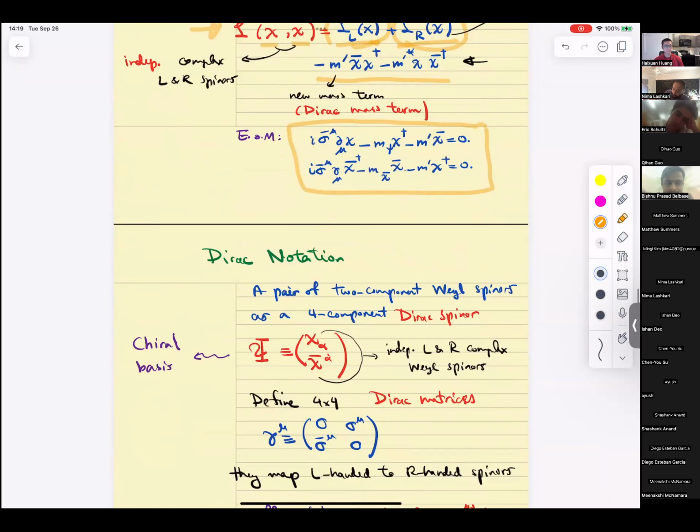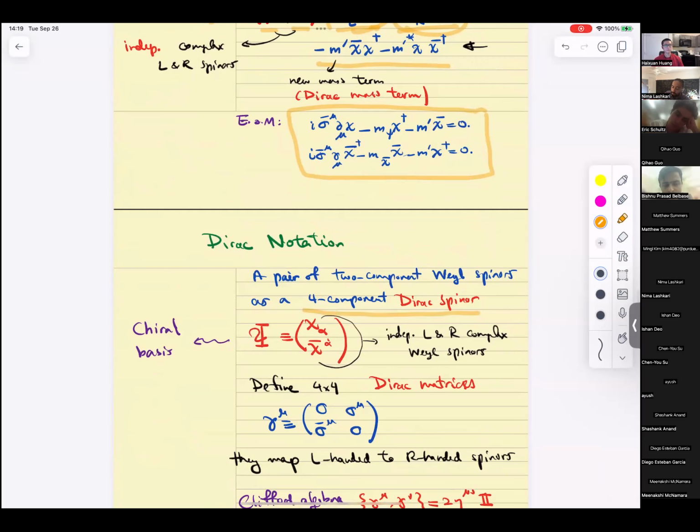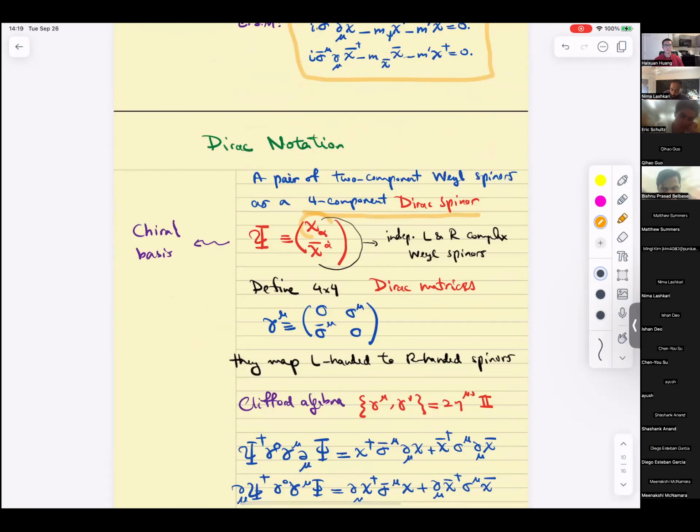So we're going to package them into a four-component Dirac spinor. The top two components are the left complex Weyl spinors. The bottom two components are the right complex Weyl spinors.